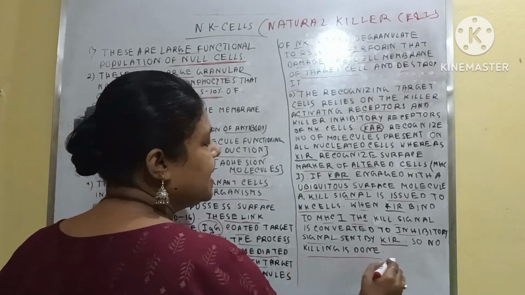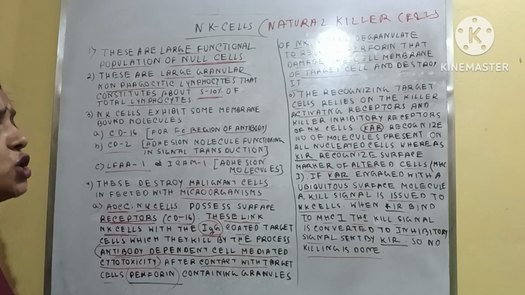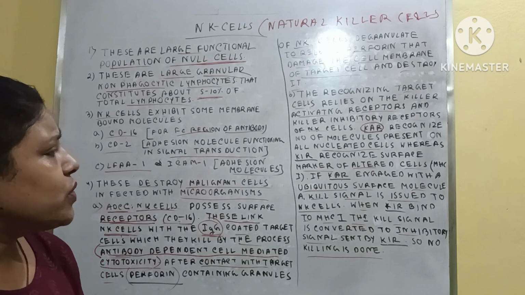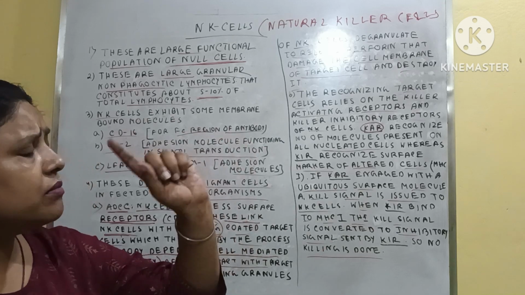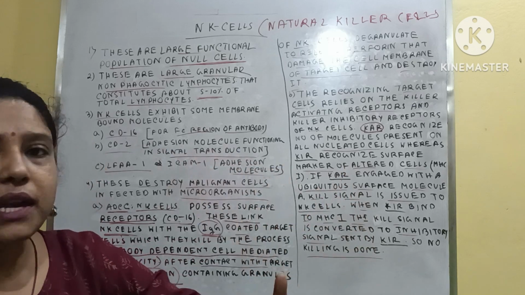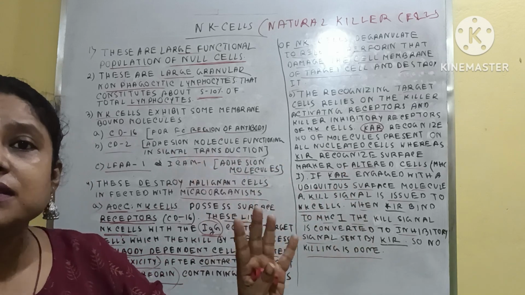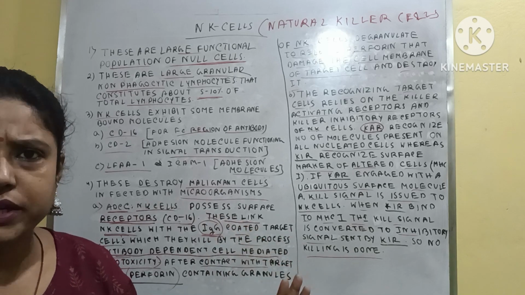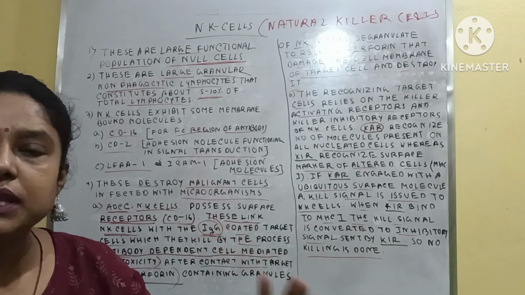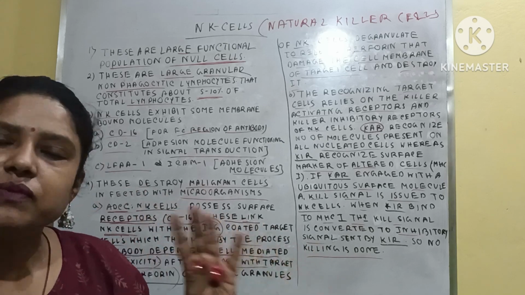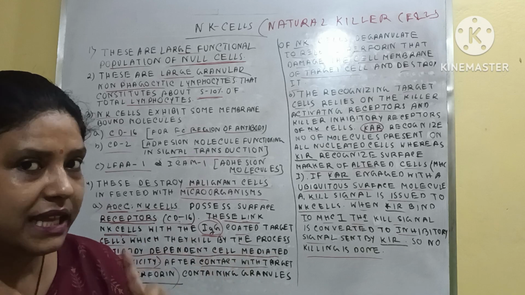So no killing is done. So now you can see that the molecule bound with the MHC1 complex is obviously not harmful to the body. If it were harmful, then the NK cells would kill it. If not harmful, then the NK cells must not kill it.